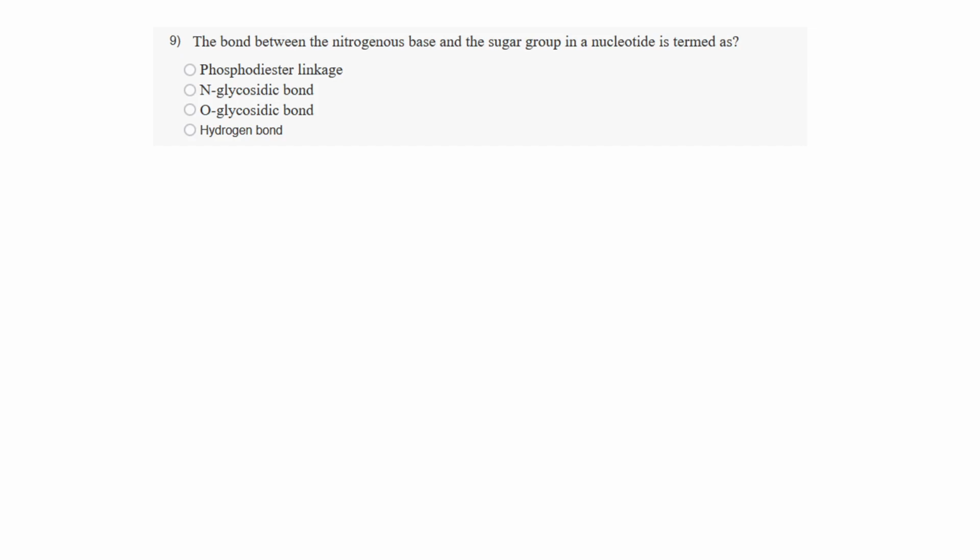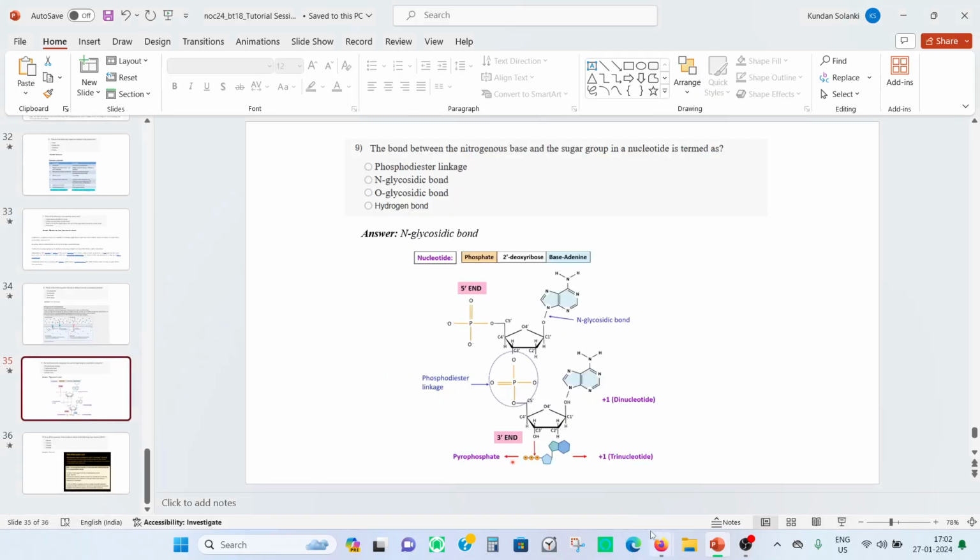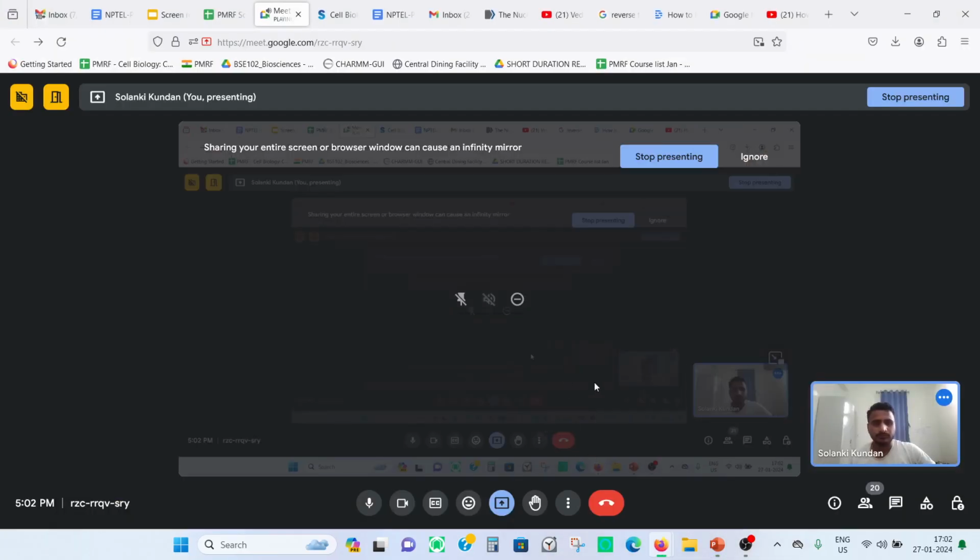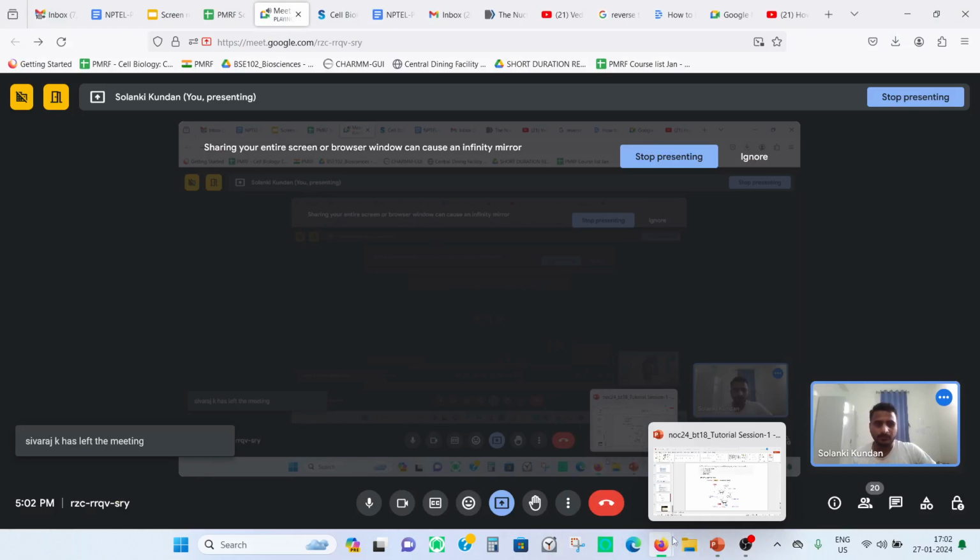A student asks: Phosphodiester bond is formed between which molecules?